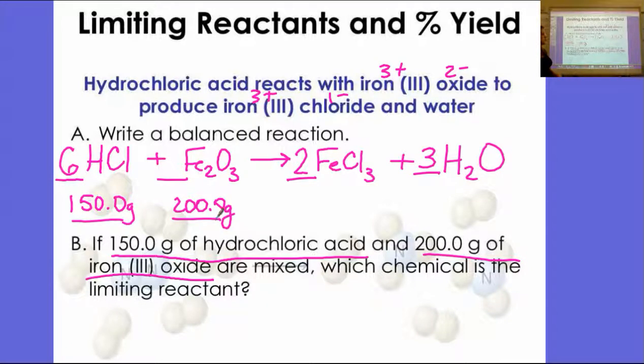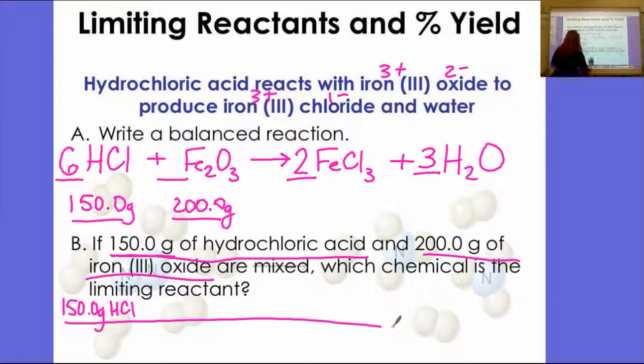Does it even matter? No. You can start with either one. Again, because it's written first, I'm just going to start with this one. 150 grams of hydrochloric acid. This is my have. I have to convert from what I have to how much I need.